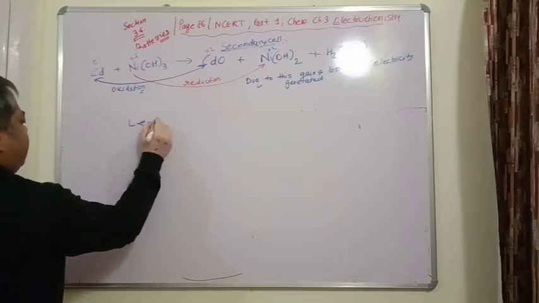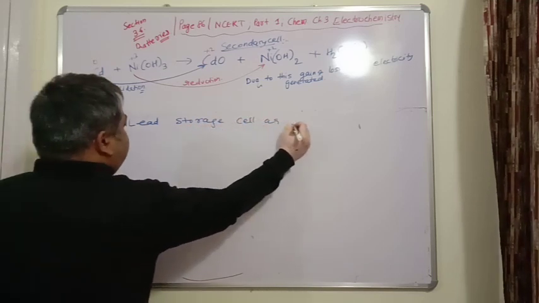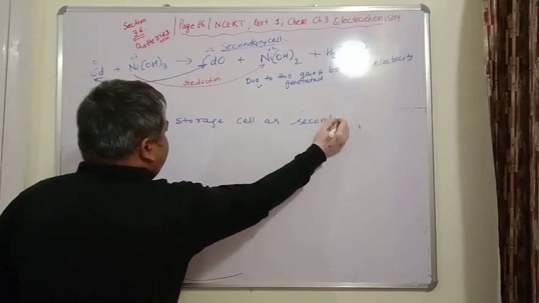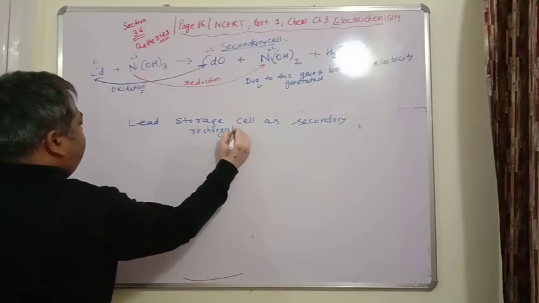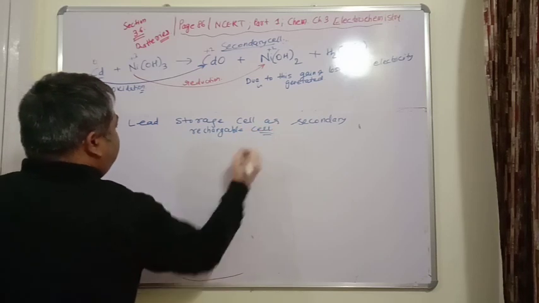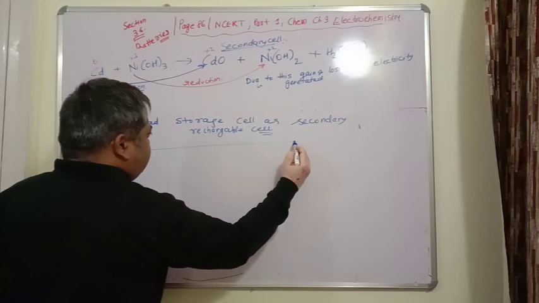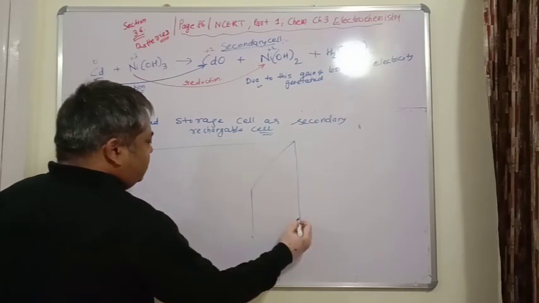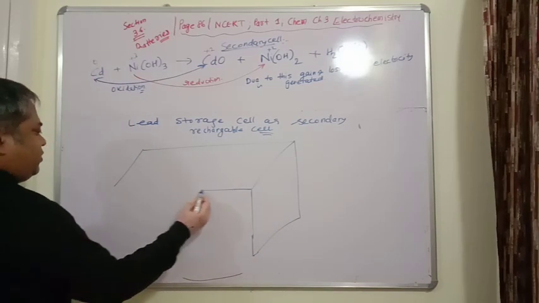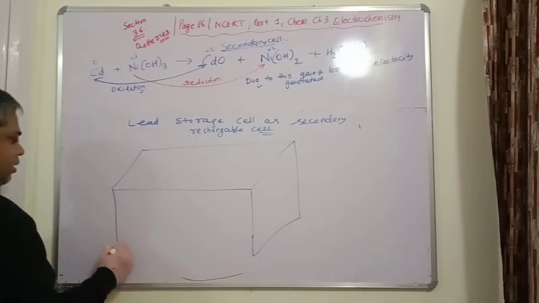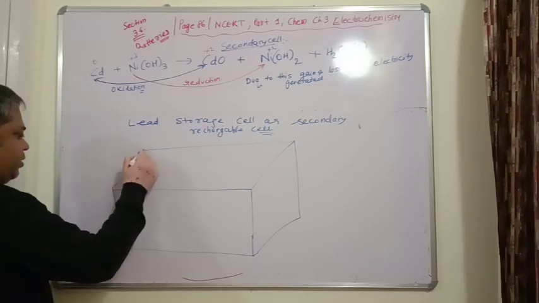Lead storage cell as secondary rechargeable cell. Now what is done is a plastic box is taken. You might have seen this plastic box are of various shapes. If it is for bike, it will be small. If it will be for car, it will be bigger. If it will be for heavy vehicles, it will be even bigger.